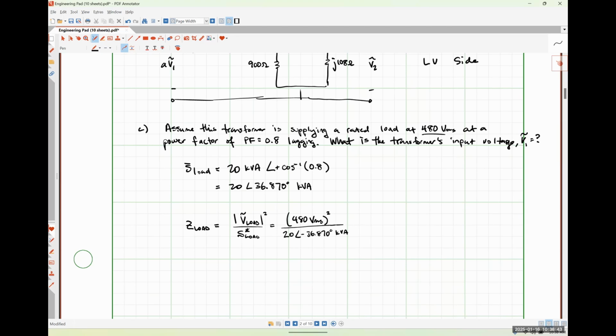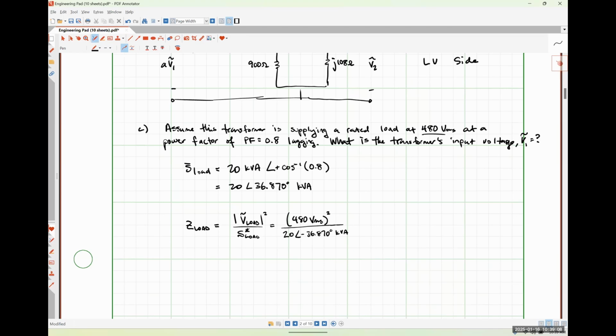So 480 squared divided by 1,000 times the conjugate of my previous answer. 20 times 1,000 is 20,000. Okay. I'm just having my calculator do the work for me because I'm lazy.